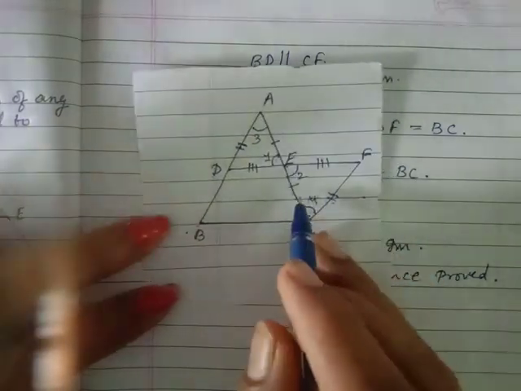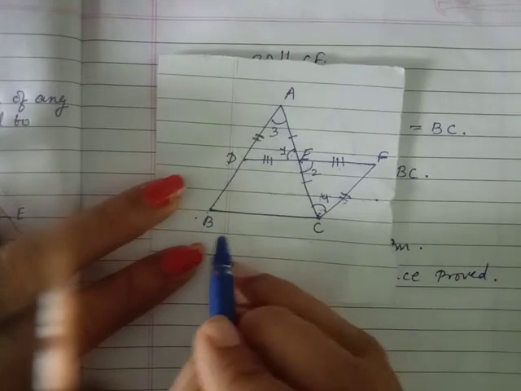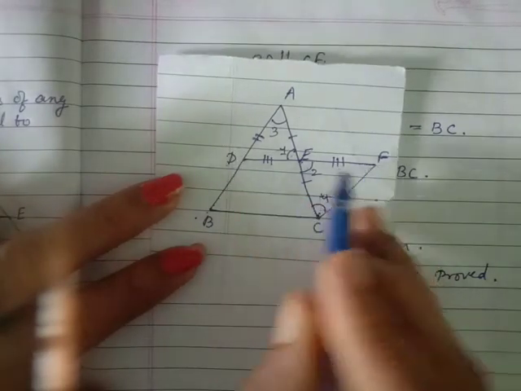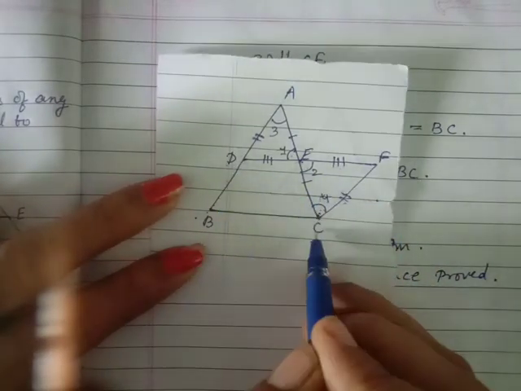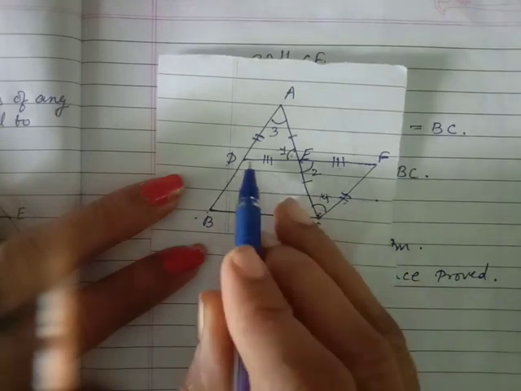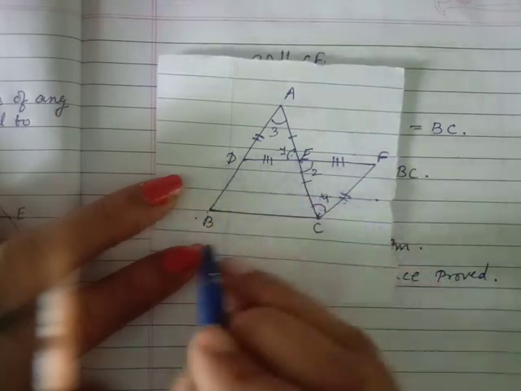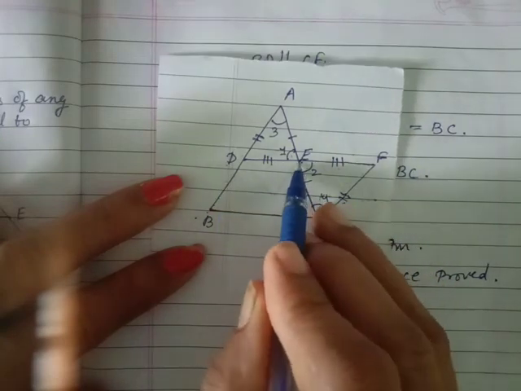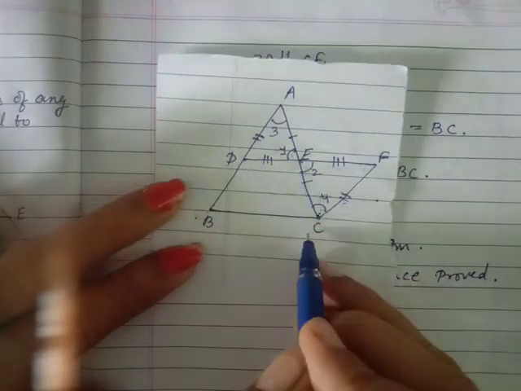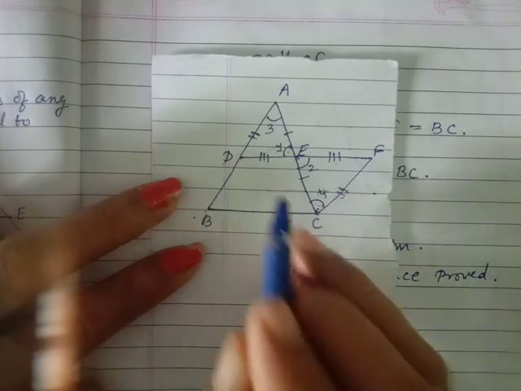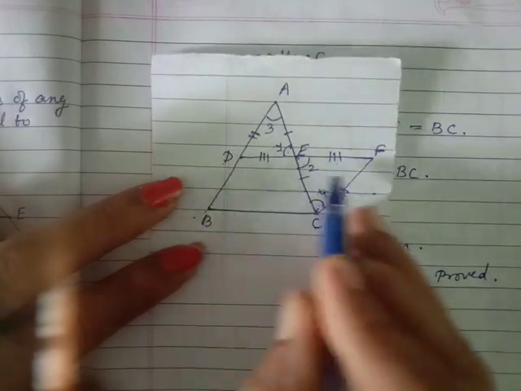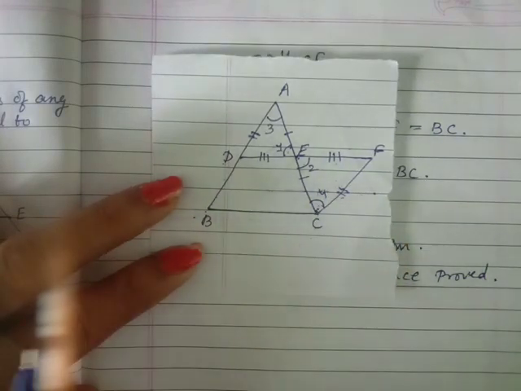When this is a parallelogram, you can say that BC is parallel to DF. So DE will also be parallel to BC, and in a parallelogram opposite sides are equal. So BC is equal to DF, but E is the midpoint, so DE is half of BC. So two things we have proved, that DE is half of BC and DE is parallel to BC also.